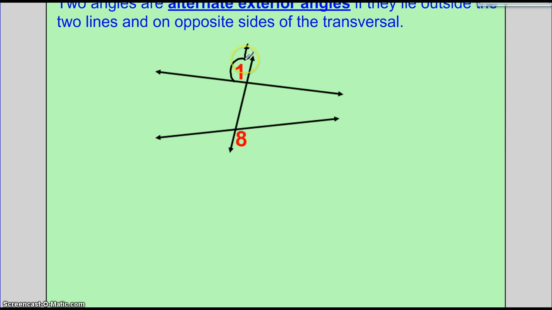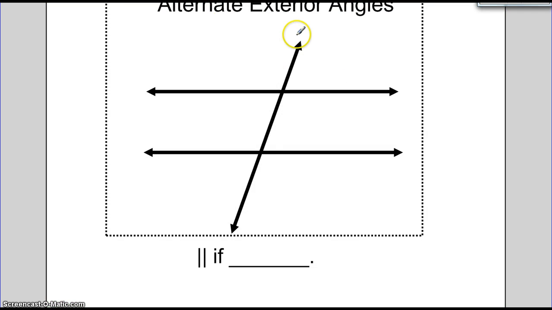Alternate exterior, outside the two lines, alternate of the transversal. Okay? So if they are alternate, then the exterior angles should be congruent. See that trick I taught you earlier? Comes in handy.